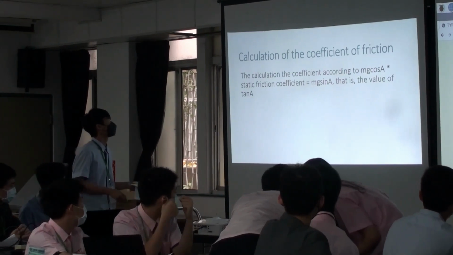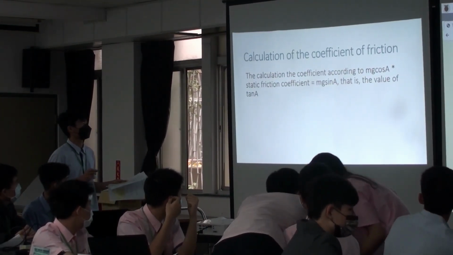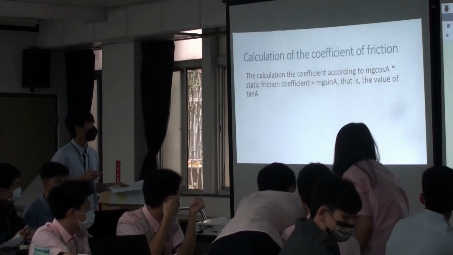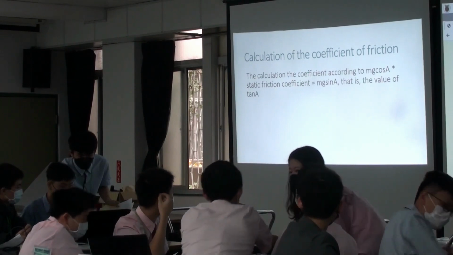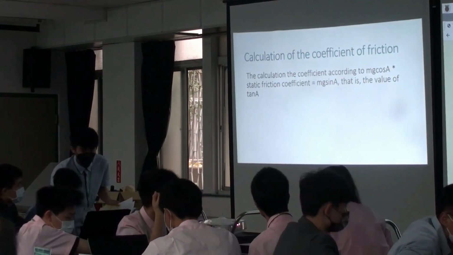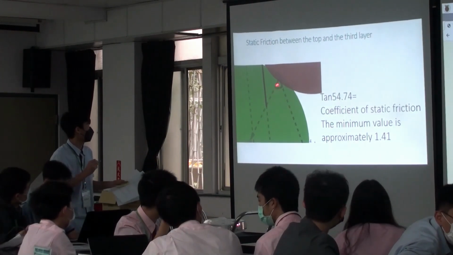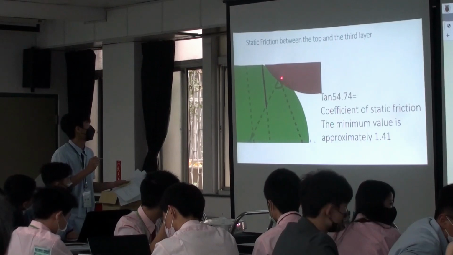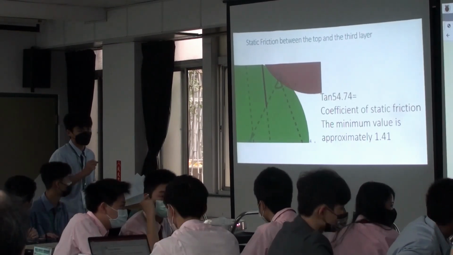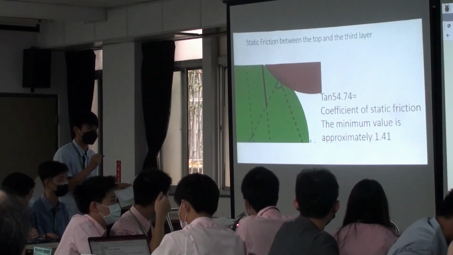This is our calculation method of friction. I measure alpha. This way is N f times cosine alpha, and this way is N times sine alpha.